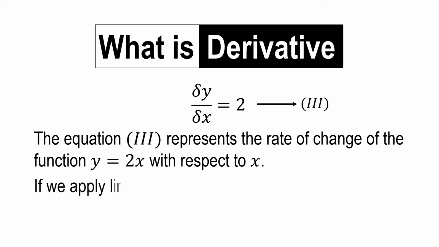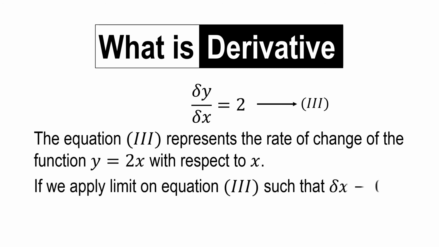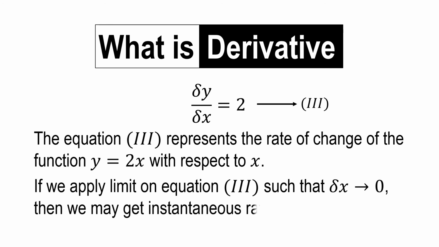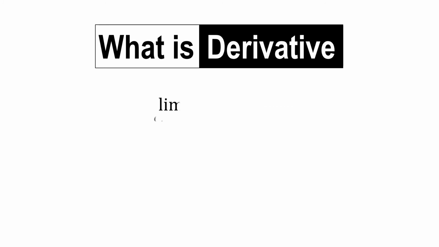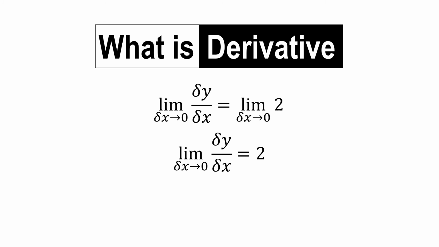Name it as equation 3. The equation 3 represents the rate of change of the function y is equal to 2x with respect to x. If we apply a limit on equation 3 such that delta x approaches 0, then we may get instantaneous rate of change.